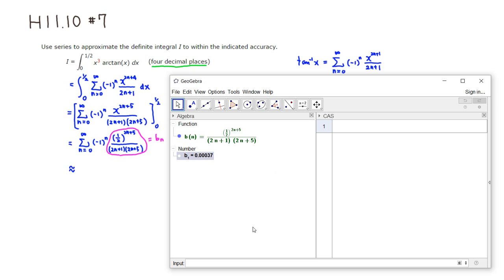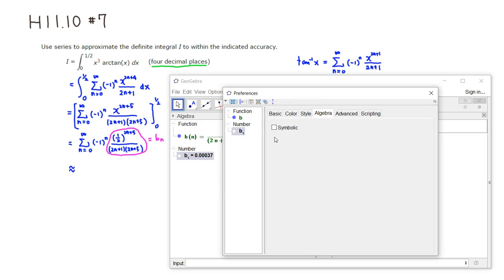You can see that B1 came out to be 0.00037. To be correct to 4 decimal places, we should have at least 4 zeros there. So this is not small enough.